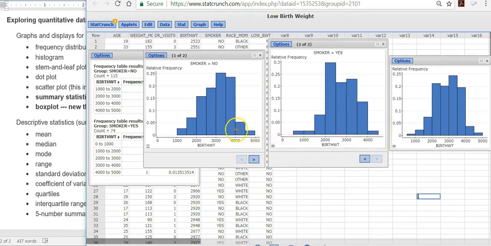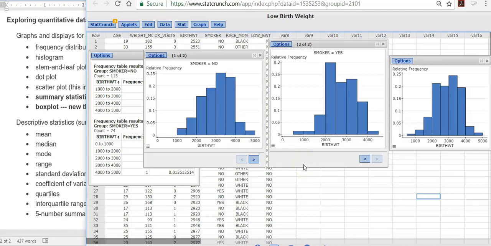And if we look at the class below that, starting at 4,000, this one had quite a few, this one had very few. And this one also had some in this really low class below 1,000 grams. So those are just some of the types of things that you could notice looking at a graph like this.